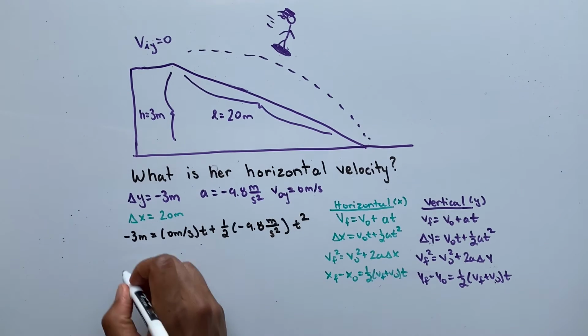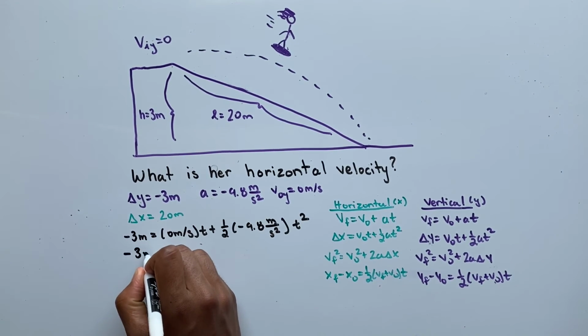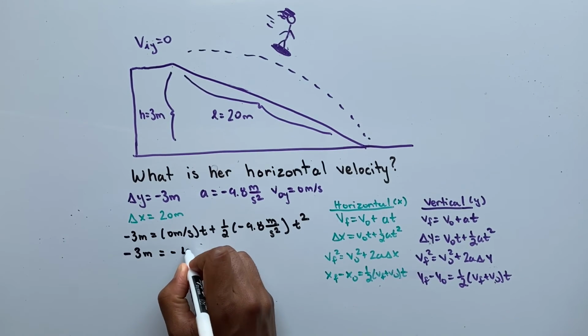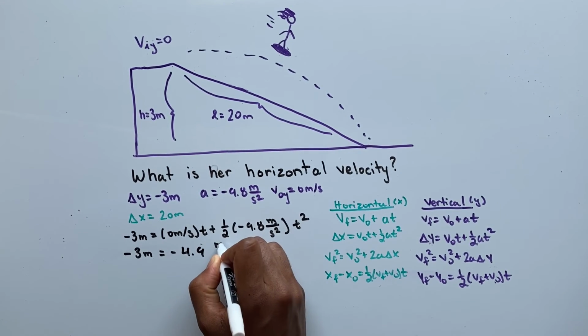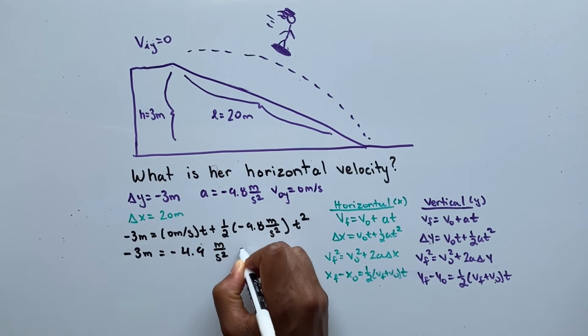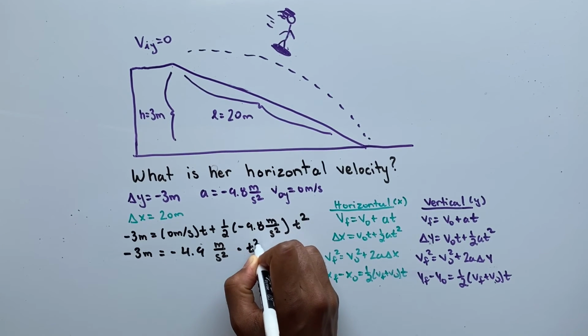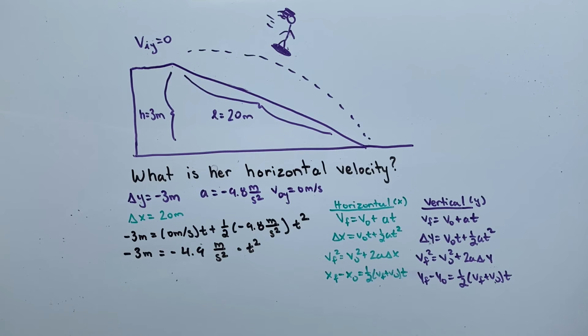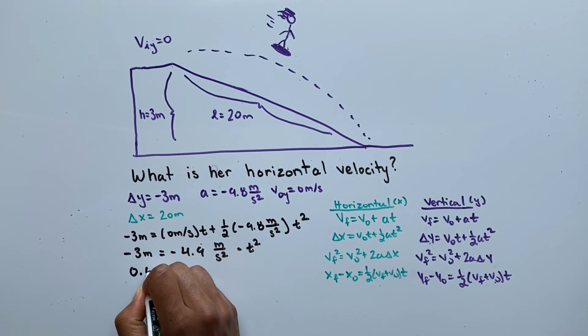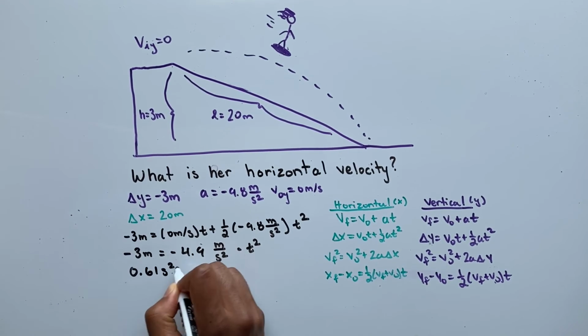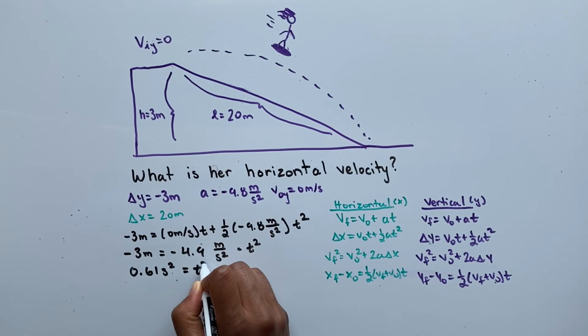After simplifying, we get -3 meters equals -4.9 meters per second squared times our time squared. And we can divide each side by -4.9 meters per second squared to get 0.61 seconds squared equals our time squared.